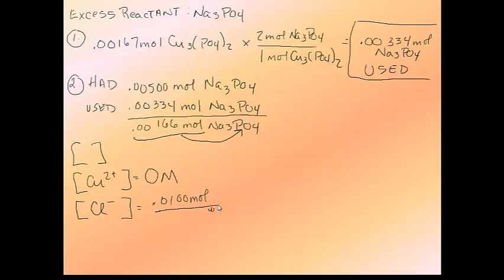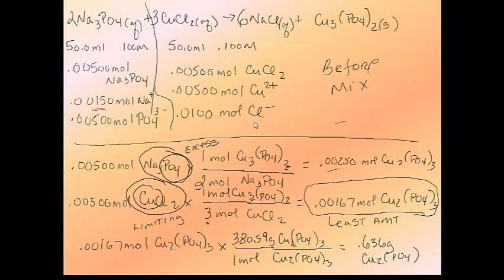Total volume, I mixed 50 and 50. That's 100 mL. That's 0.1 liters. And my concentration for the chloride ion is 0.100. Concentration for the other spectator, I have 0.00150 moles of sodium before mixing.